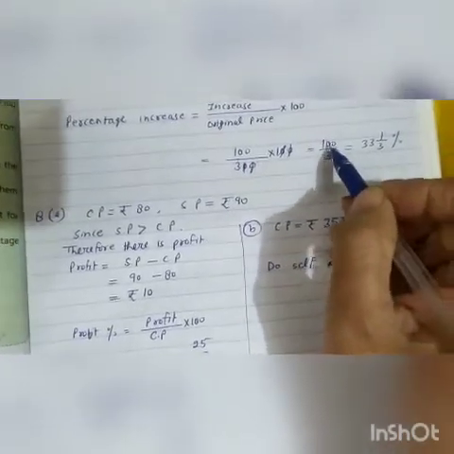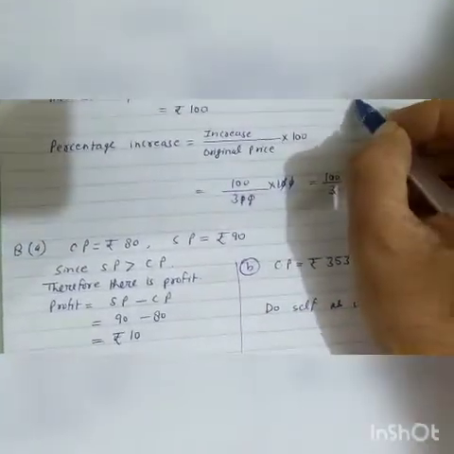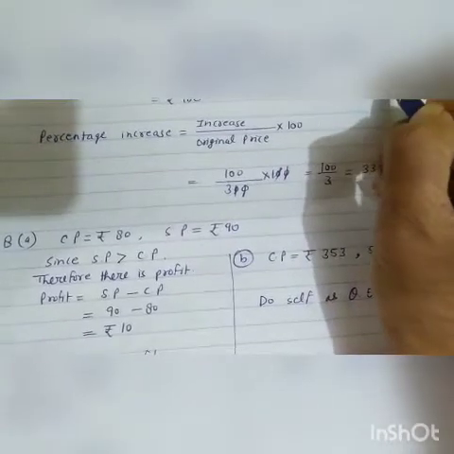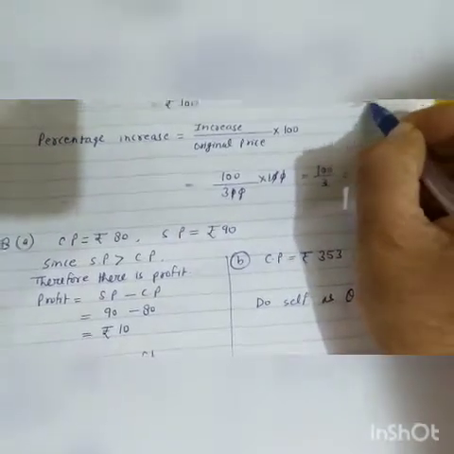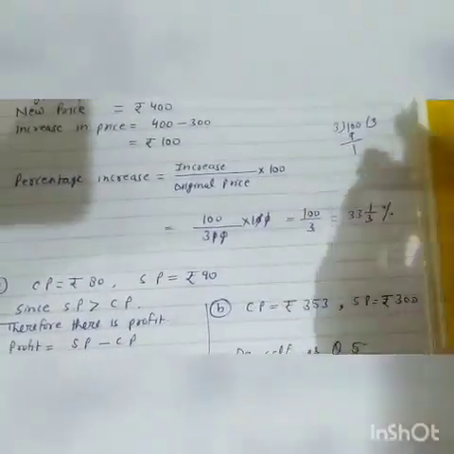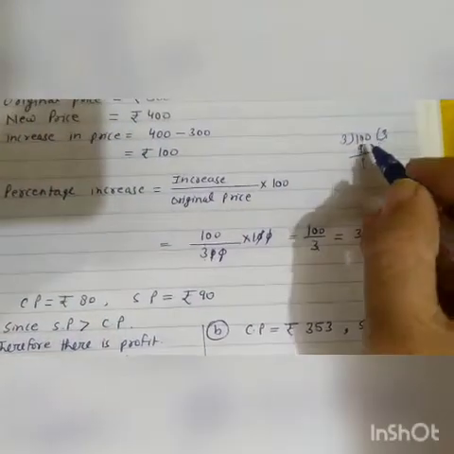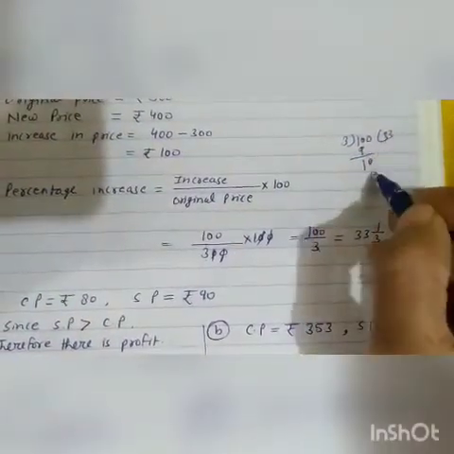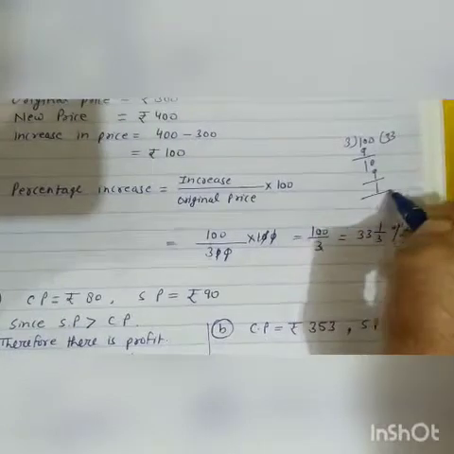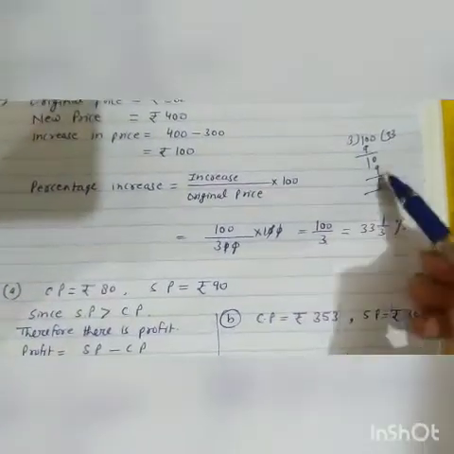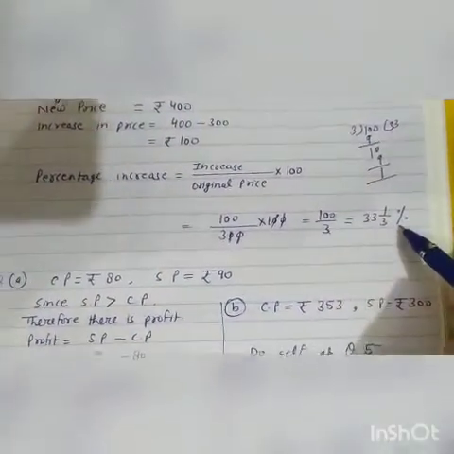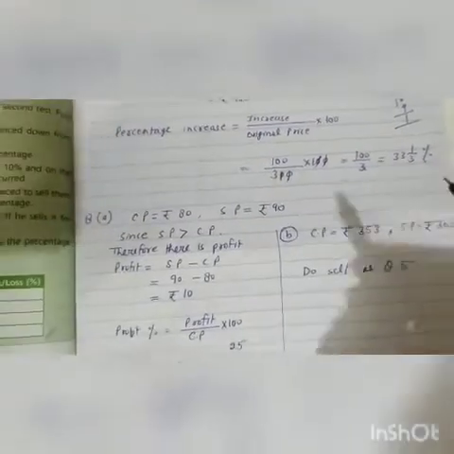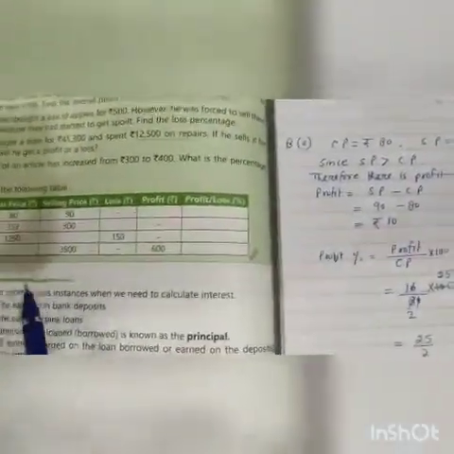When we divide 100 by 3, 3 3s are 9, remainder is 1, then write this 0. It is 33 and 1 upon 3 percent. Clear?